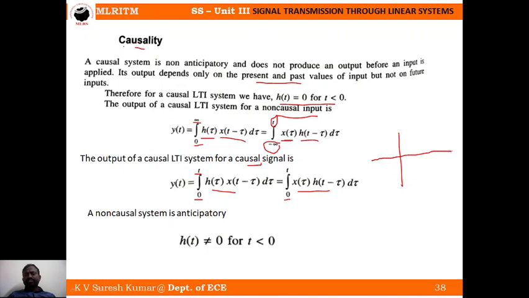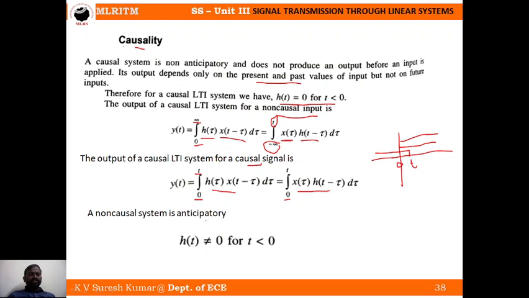The input signal is causal, that means 0 to infinity, and the system is also causal, 0 to infinity, but one signal is flipped, so it comes from minus infinity to 0 and is shifted by t units, so it extends till t. The common area between all these is only 0 to t, so that is why we get the limits 0 to t.